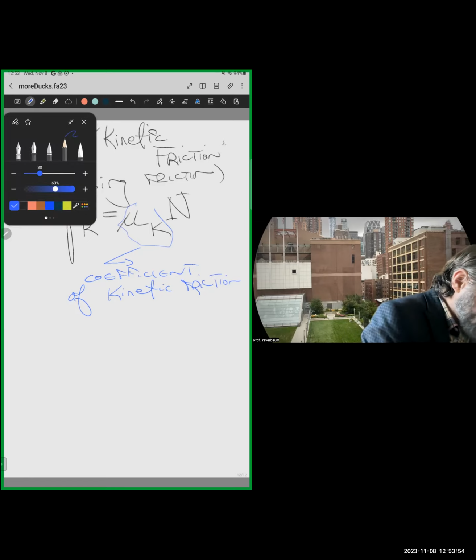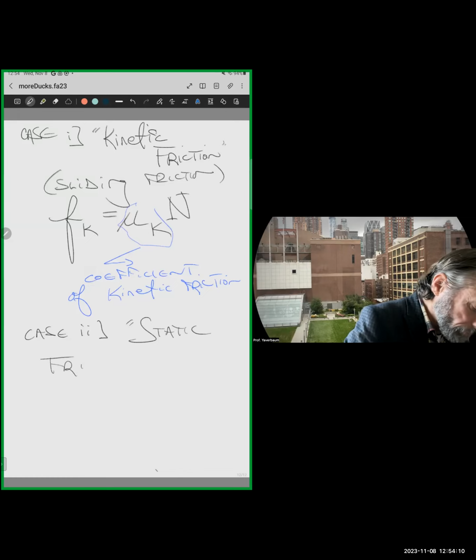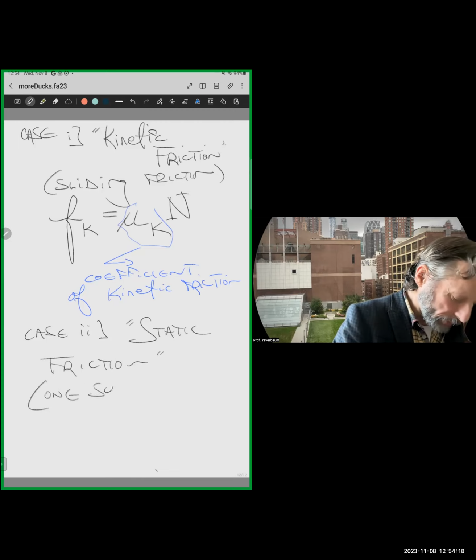But this is all as opposed to, sorry, case number 2, which is called static friction, when one surface is holding another in place.